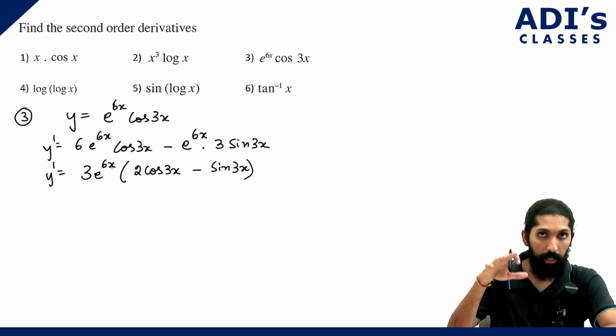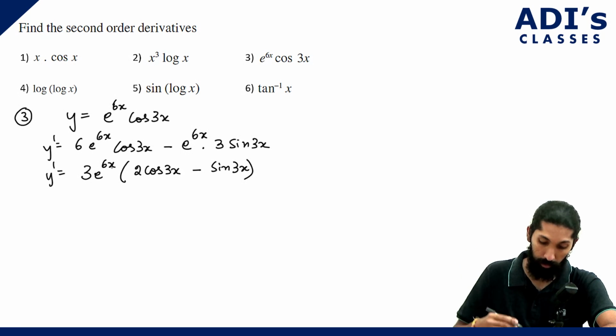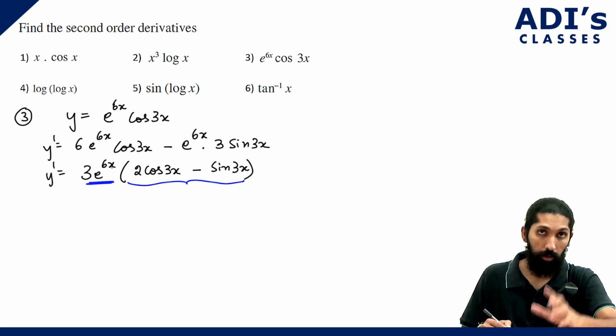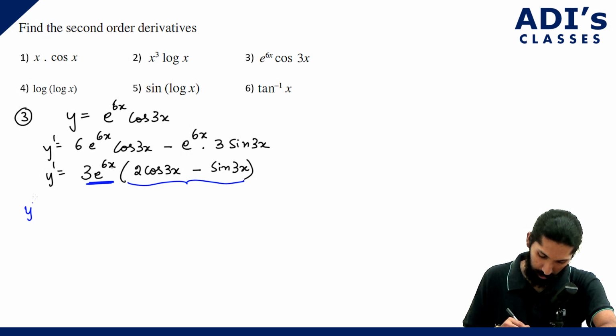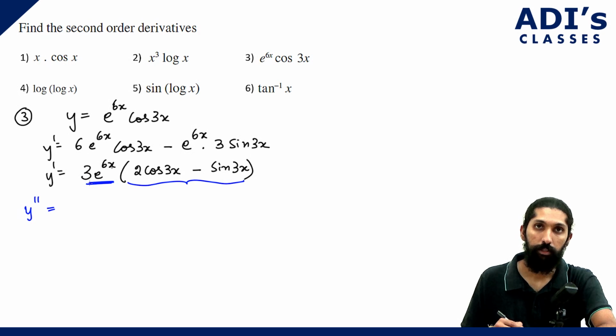Now once you have y dash, again differentiate. But remember, when you're differentiating here, this is your first function and this entire thing is your second function. Okay, so keep that in mind. So y double dash, this is going to become 3 into e power 6x, you have to differentiate, right?